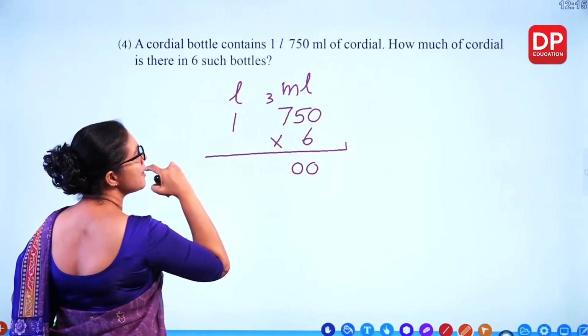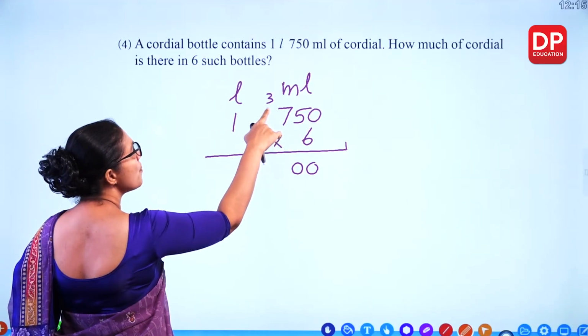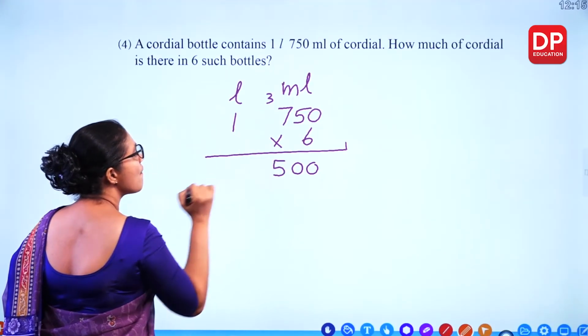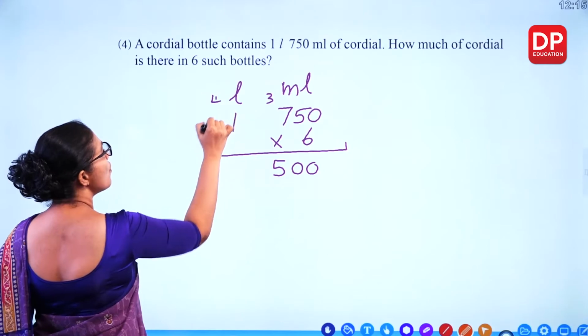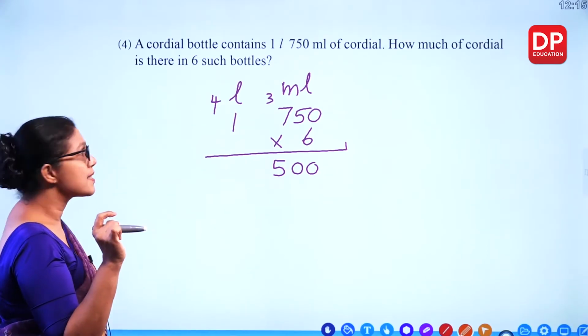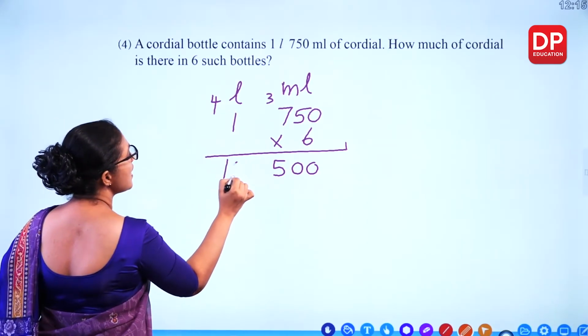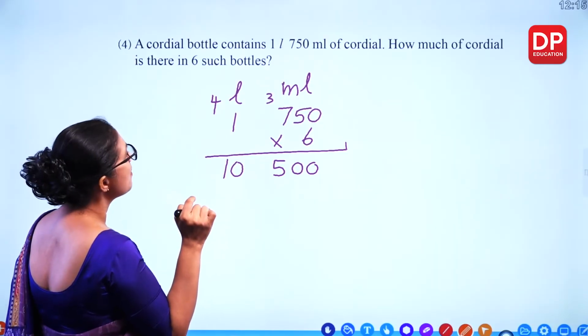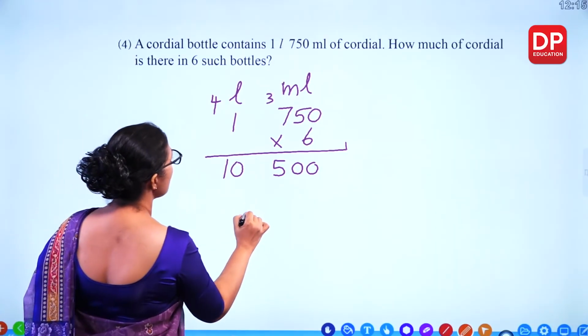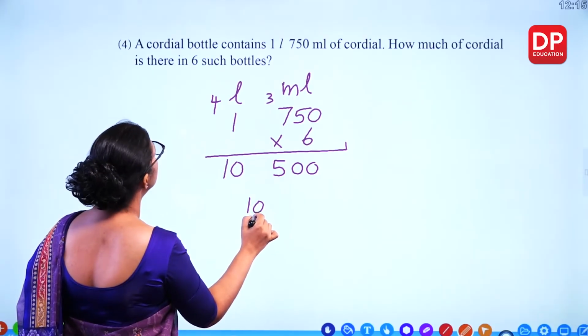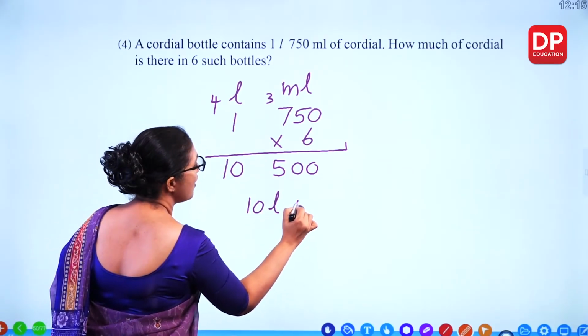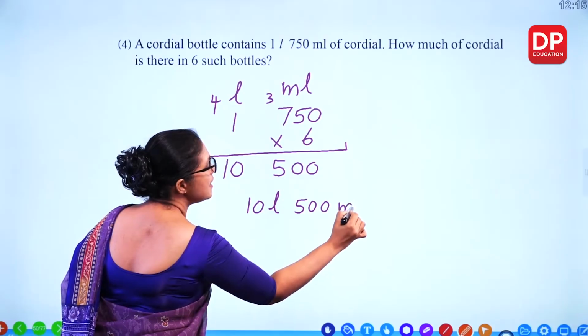So 3 remain. 6 times 7, 42 plus 3, 45. And 4 remaining here. 6 times 1, 6. 6 plus 4, 10. So what's the total amount? 10 liters and 500 milliliters.